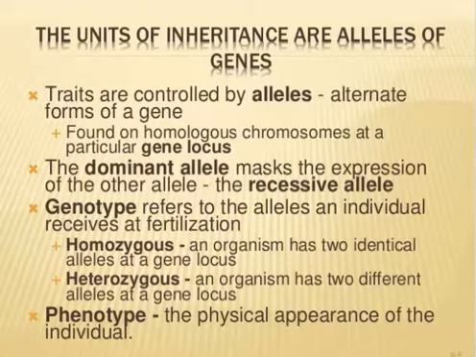Let's talk about that. So the dominant allele is always expressed, wherever it is. One of the most famous dominant alleles is the dark skin. So if a dark-skinned person is marrying a clear-skinned person, most probably the kids are going to be dark-skinned. Why? Because this dark skin color is dominant.